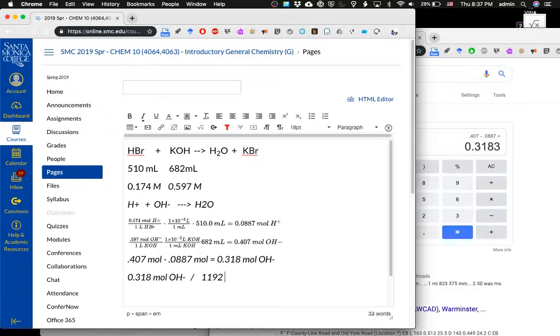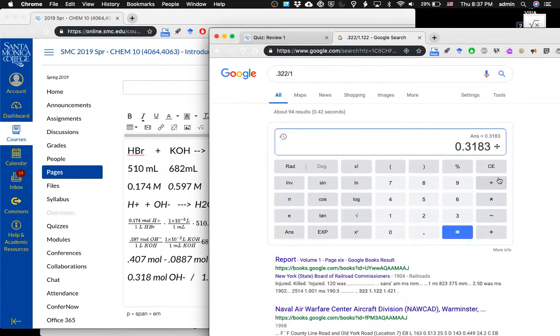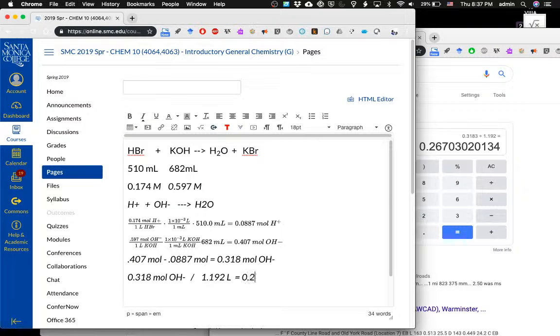So let's put a dot there for the liters instead of milliliters, and that's going to give us 1.192, 0.267 molar. That's 0.267 molar OH minus.